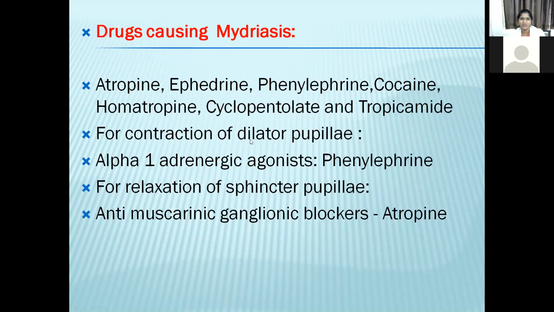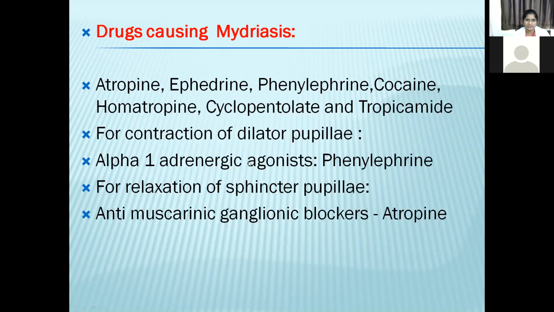How does it produce mydriasis? By contraction of the dilator pupillae, the radial muscles, which increases the pupil size. The alpha-1 adrenergic agonist phenylephrine produces mydriasis.